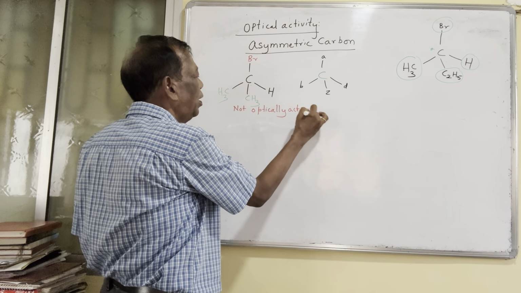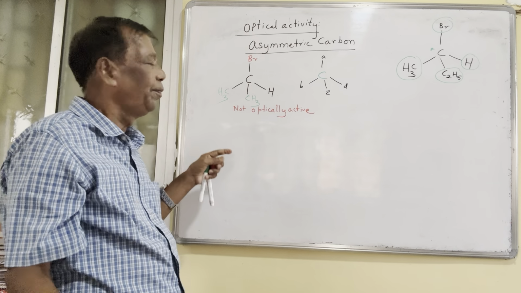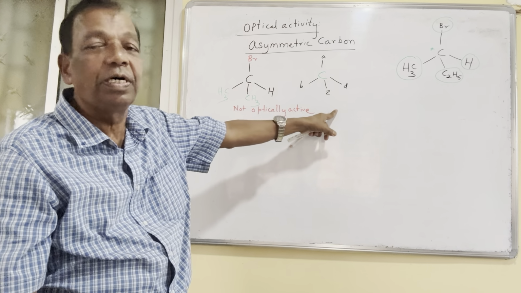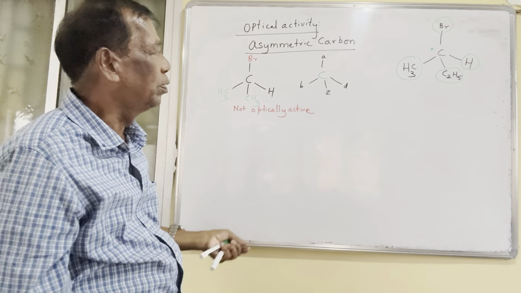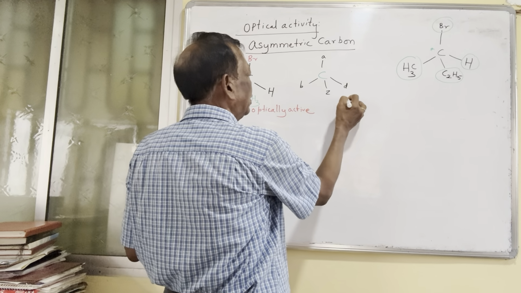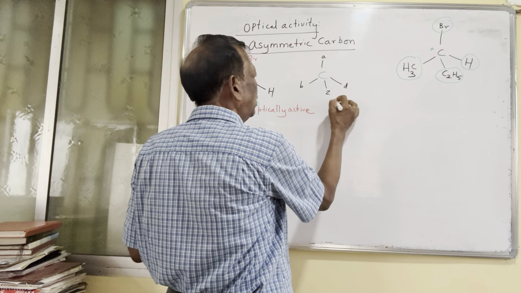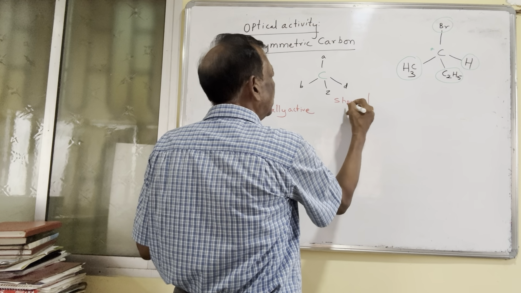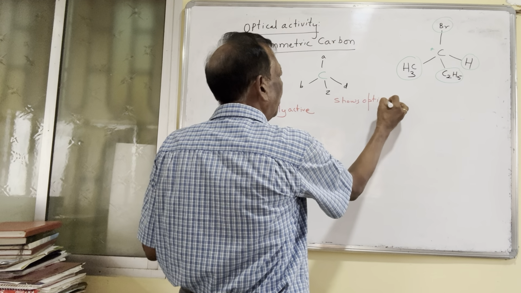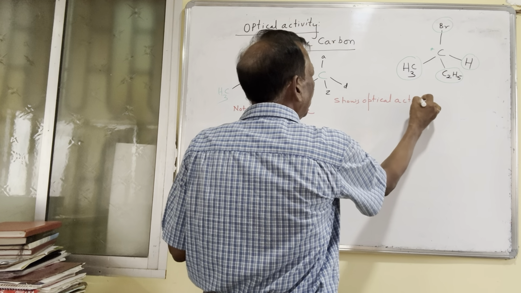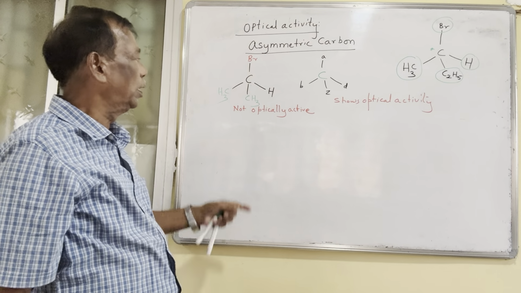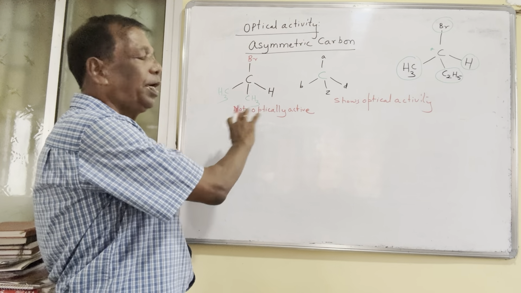I am explaining to you in a simple way. It can show optical activity only when the compound has 4 different groups. So this and this, they will show optical activity. This will not be optically active, cannot show.